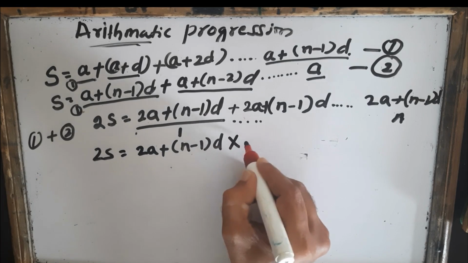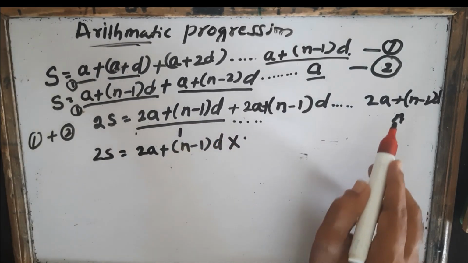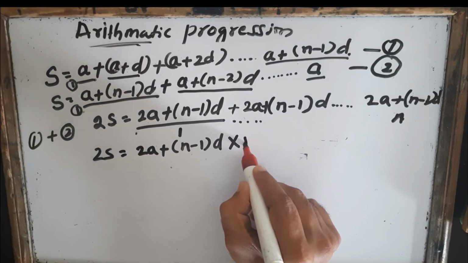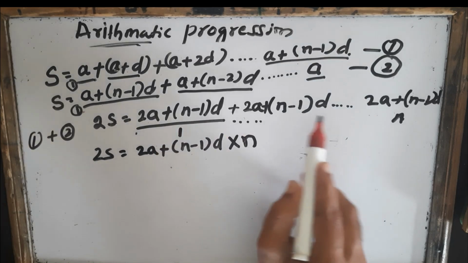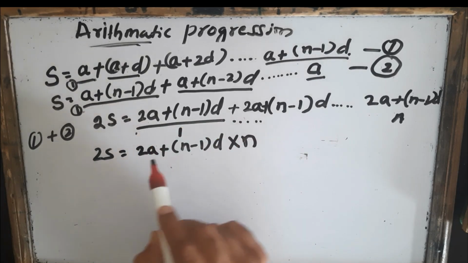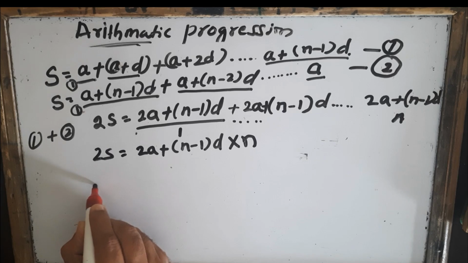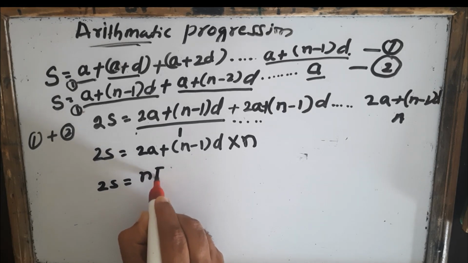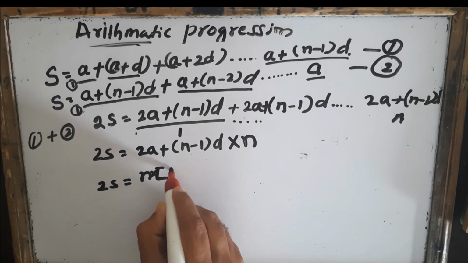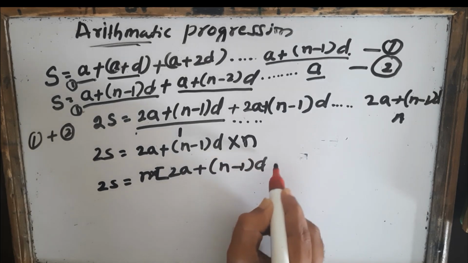That means instead of writing all the digits here, we can multiply that with n, because this is repeating n times: 2a plus (n minus 1) into d, into n. Now 2S is equal to n into 2a plus (n minus 1) into d.